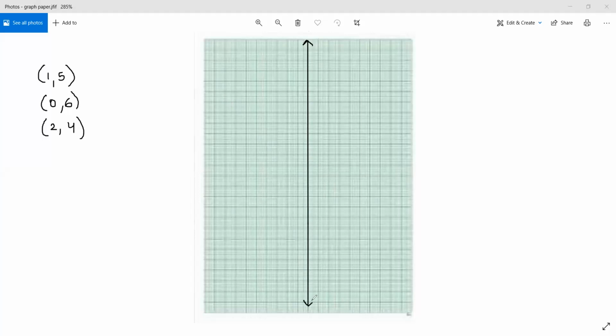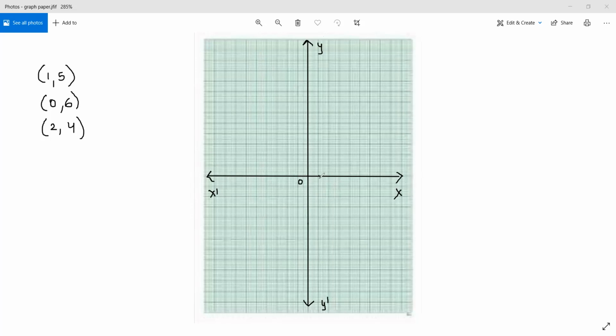This is our y-axis, and the horizontal line approximately in between, that will be our x-axis. So this is our x-axis. We are going to write it as x and x dash. Here it is y, and downwards y dash. Y dash is where we write the negative numbers. The intersection of both the axes is 0.